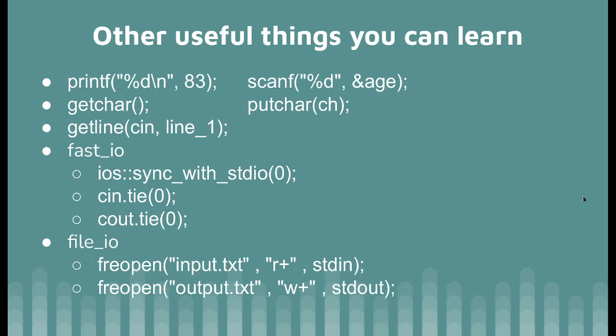R plus means I want to read, and you tell it to consider that as the console of getting input, stdin, and the output would be considered as the console of output.